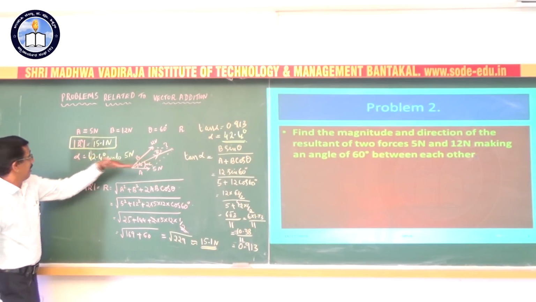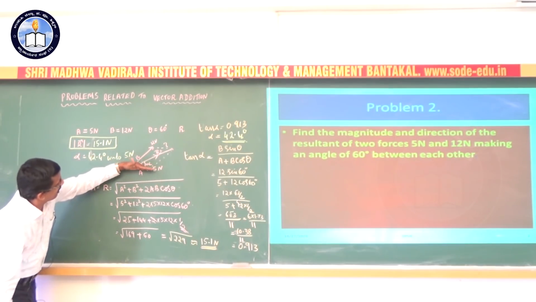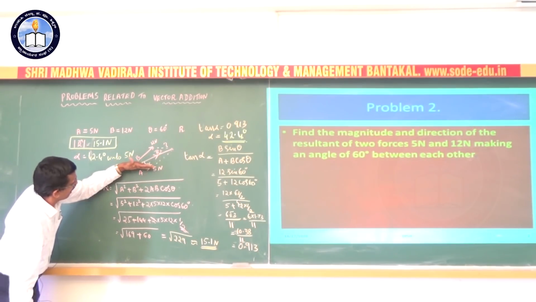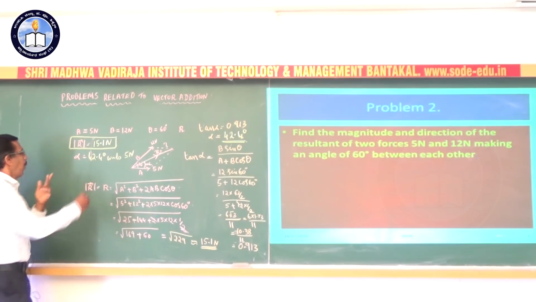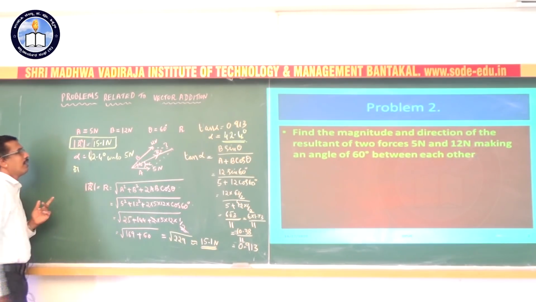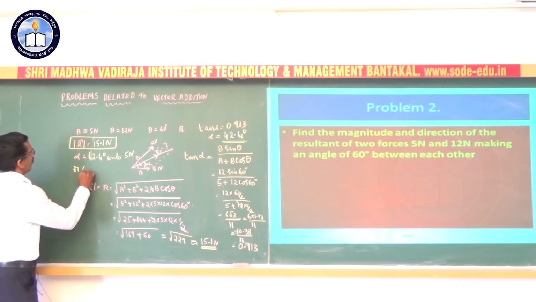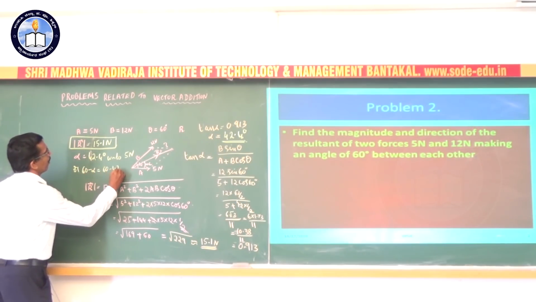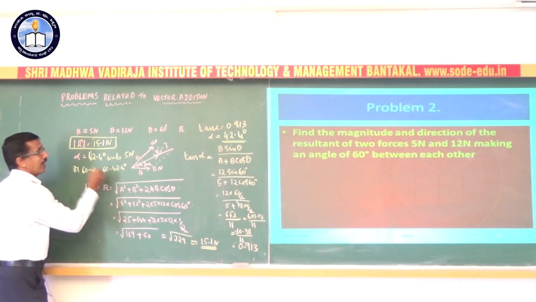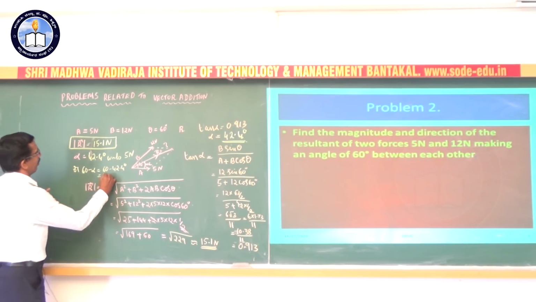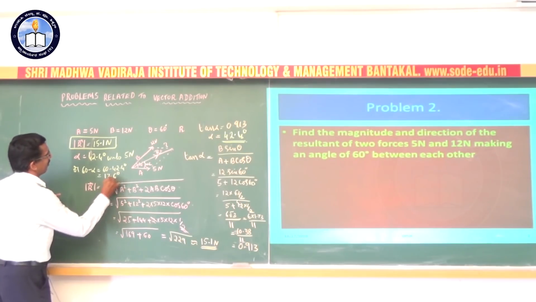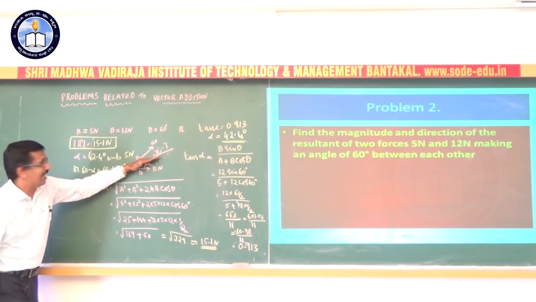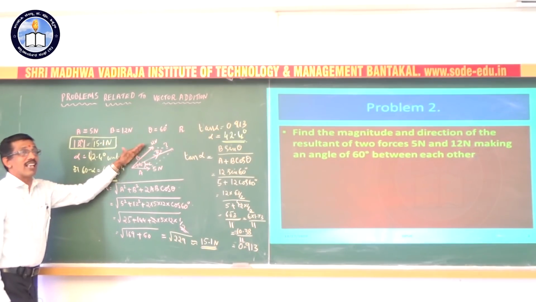That means direction of resultant is 42.4 degree with respect to 5 Newton force, or 60 minus alpha, that is 60 minus 42.4, that is nearly 17.6 degree with respect to B, second force.